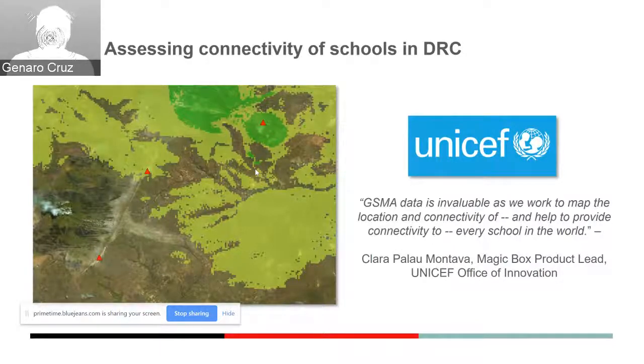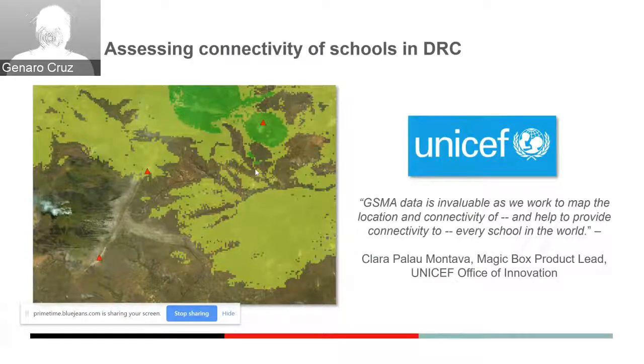So UNICEF had a project in which they were mapping all of the schools in the country. They did very detailed surveys of where the schools were. And what they were trying to accomplish is to connect all of the schools, meaning to provide broadband connection to all of them. But what they needed to do before was to assess the connectivity status of all of them.